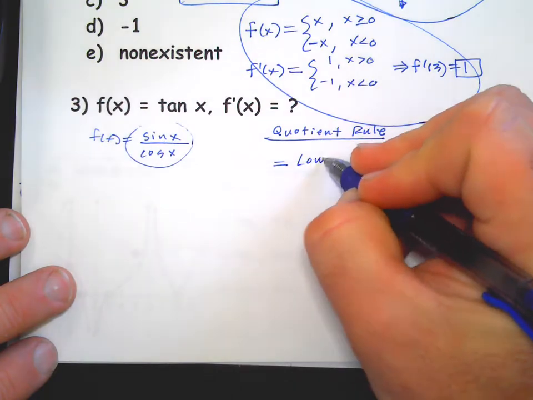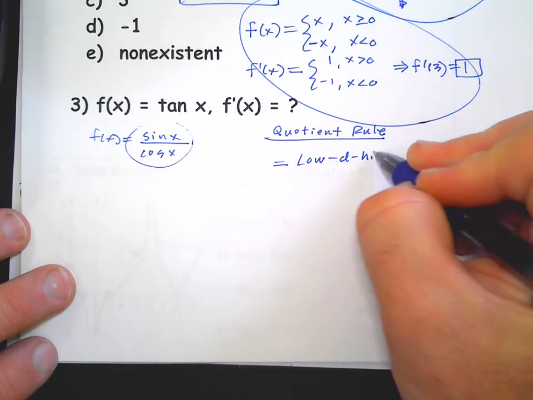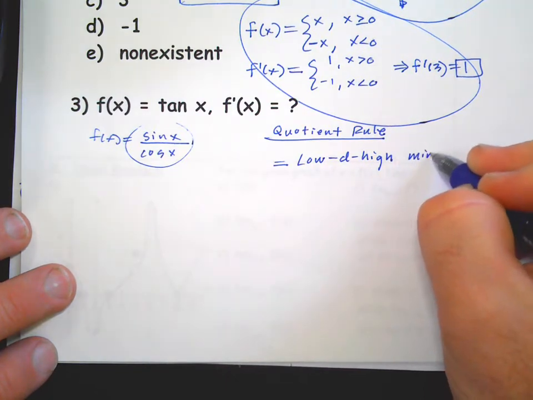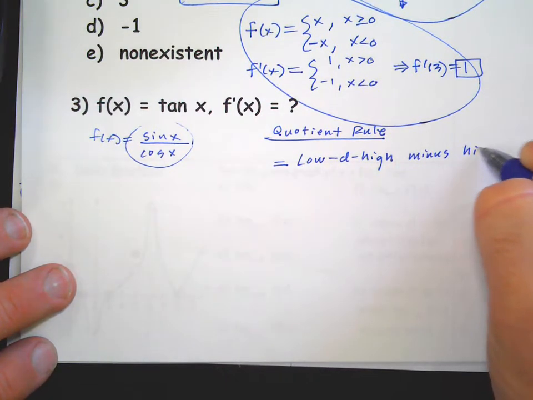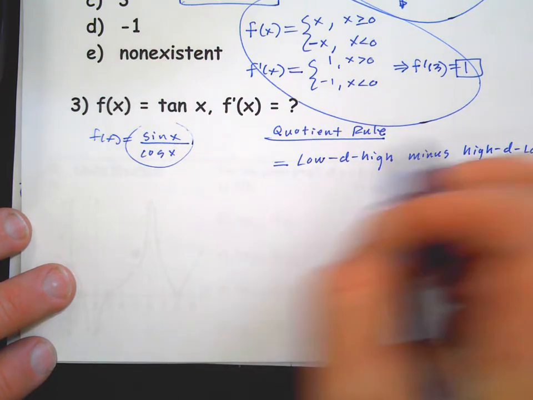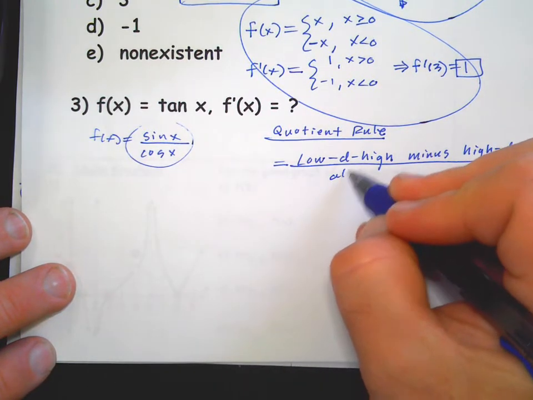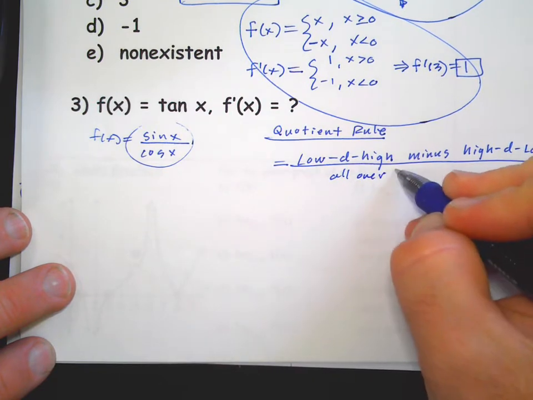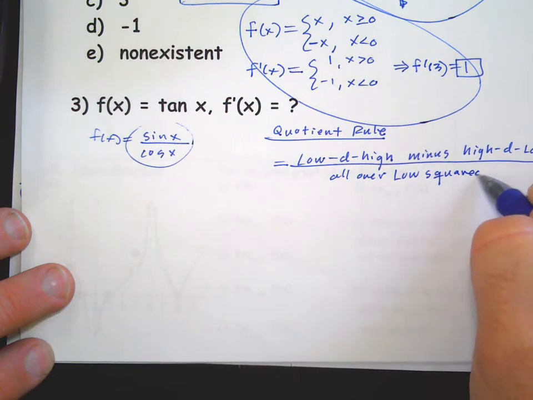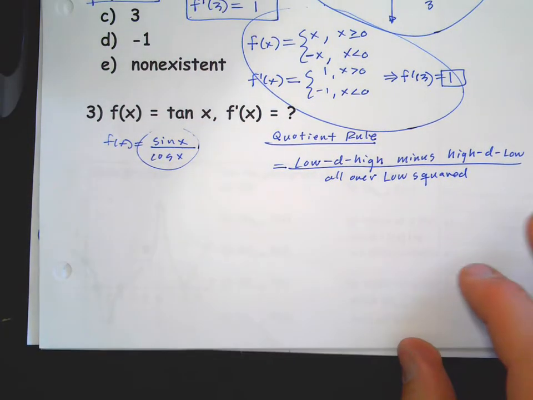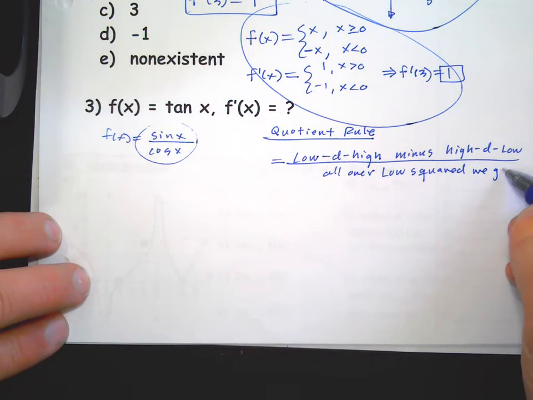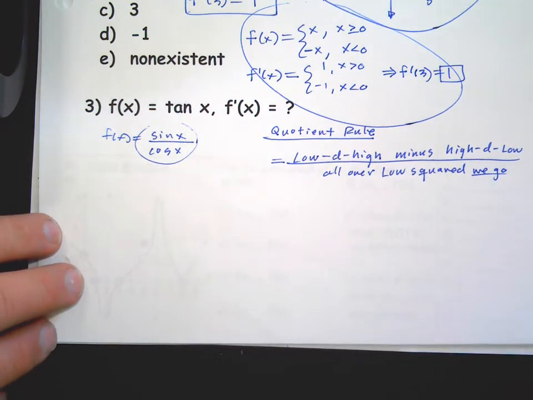Low d high minus high d low, all over low squared. And if you want to get really cute, which some teachers teach it like this, all over low squared we go. That's the extra cute part.